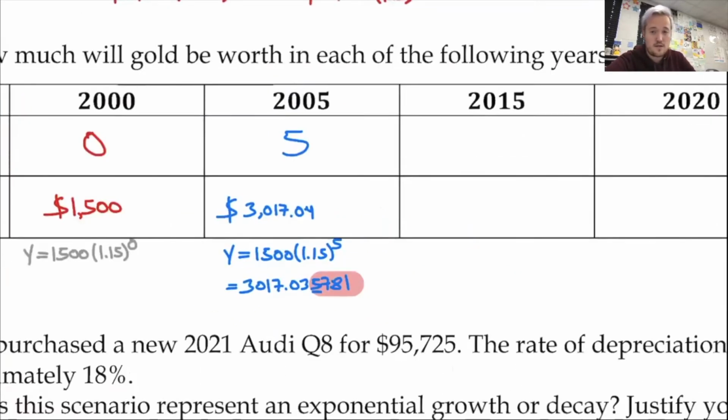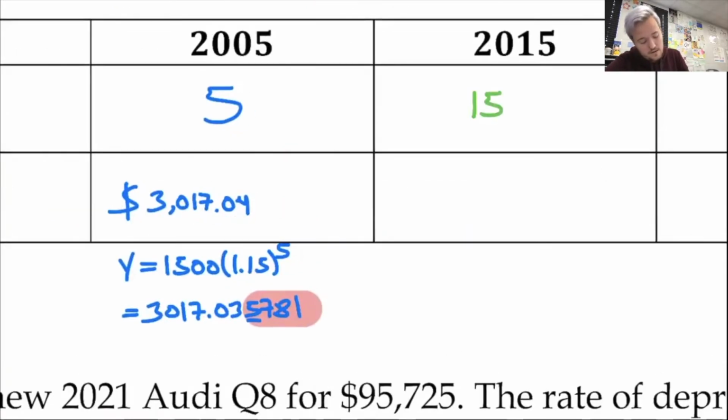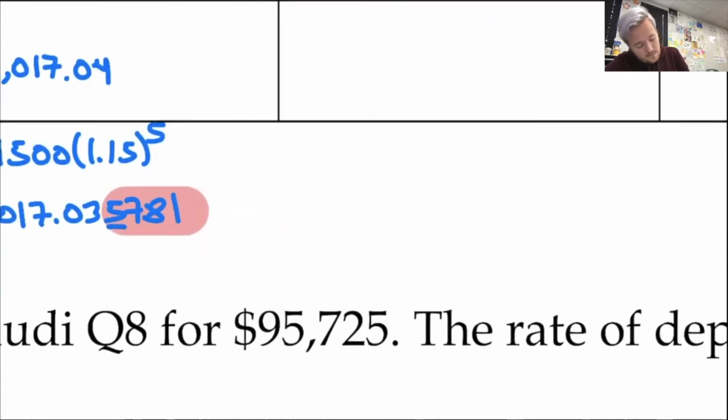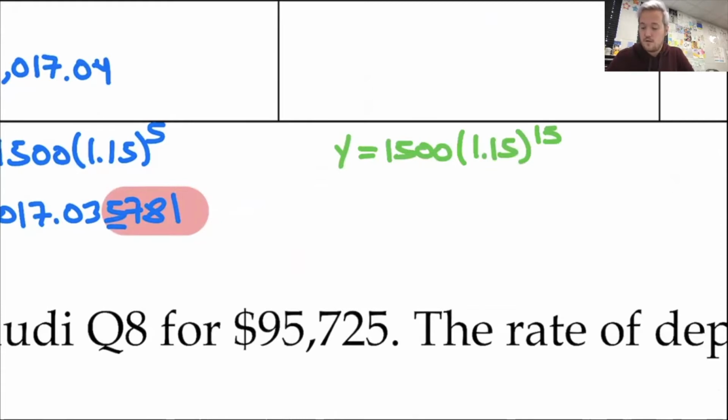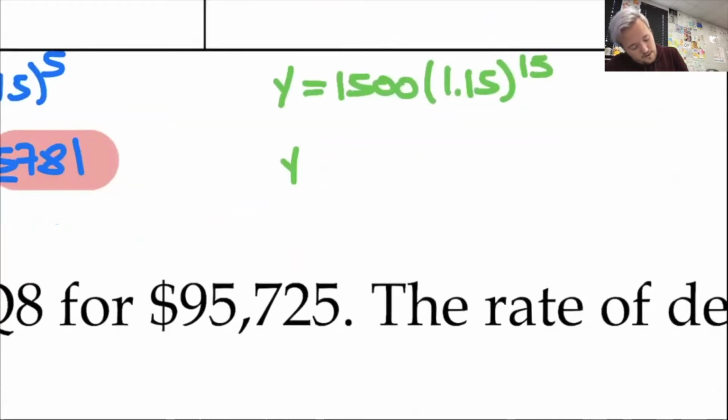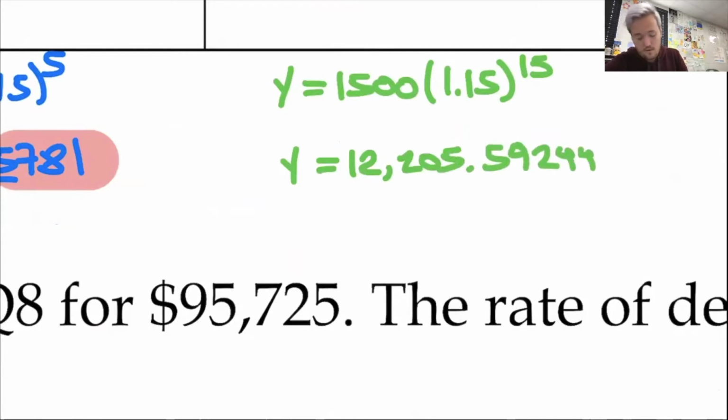So now I want to find the cost in 2015. In 2015, that's going to be 15 years later. So the same idea: y equals 1,500 times 1.15 after 15 years that it compounds. All right, so that's going to give us a y value of 12,205.59244.